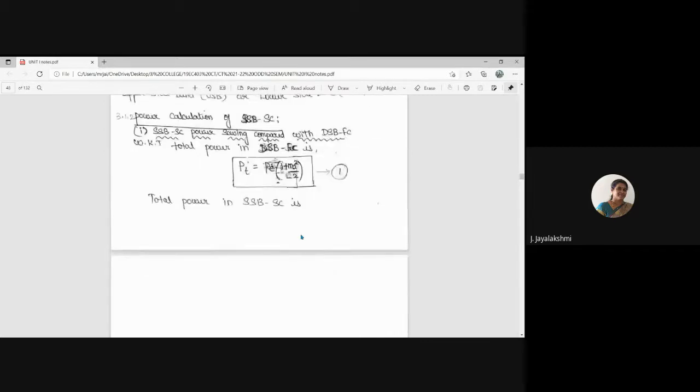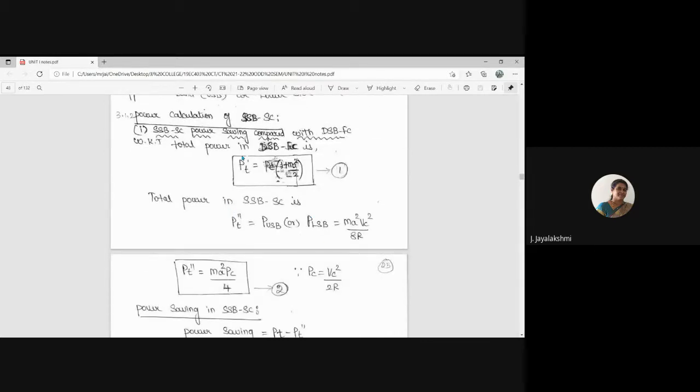So what is the power required to transmit single sideband suppressed carrier? You have only the power due to either the upper sideband or the lower sideband, which is MA square VC square by 8R. So the total power required for transmission is going to be MA square VC square by 8R.